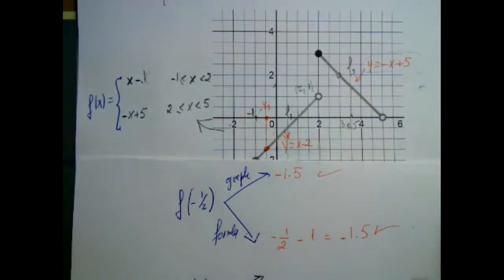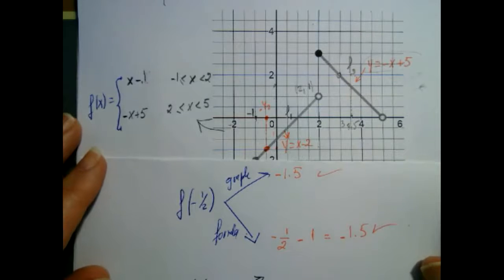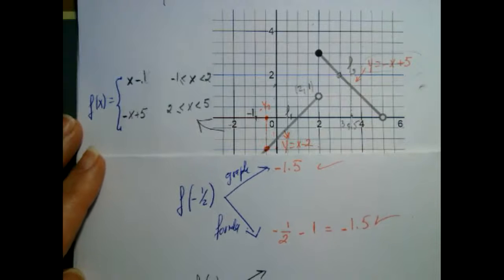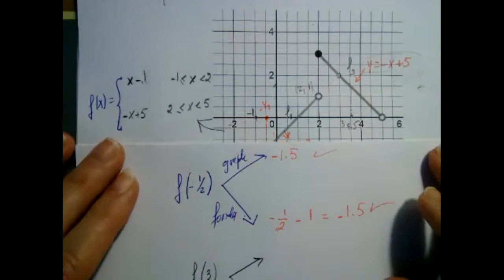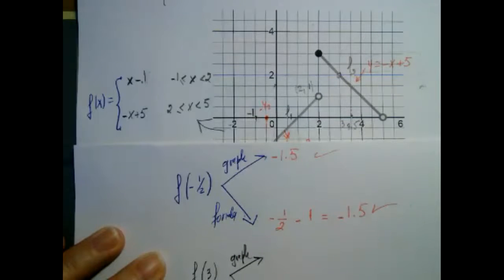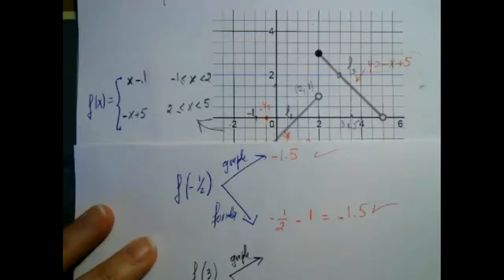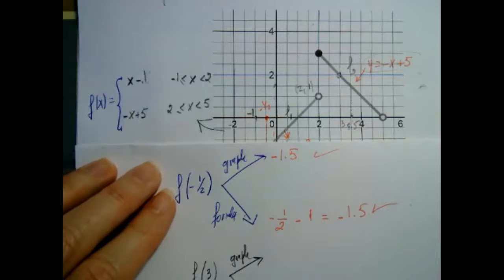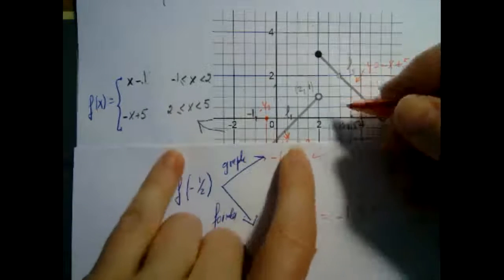Otherwise, as I said, it's not correct. Should I just answer it? Yes, please go ahead. It's 2. Is it working both ways? Yes. Otherwise, it means the formula is wrong, as I said a million times.